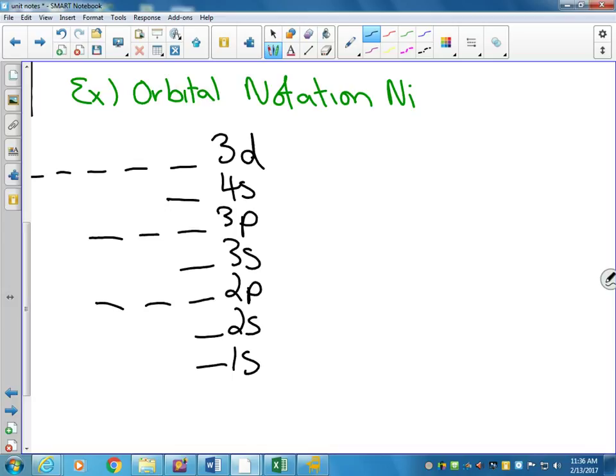So, how many electrons, now this is going back old school, grade 9, grade 10, how do we figure out how many electrons are in a neutral atom of nickel? If it's neutral, the number of electrons is equal to the number of protons, right? How do we figure out the number of protons in nickel? The atomic number. So what's the atomic number of nickel? I can't read it. 28.